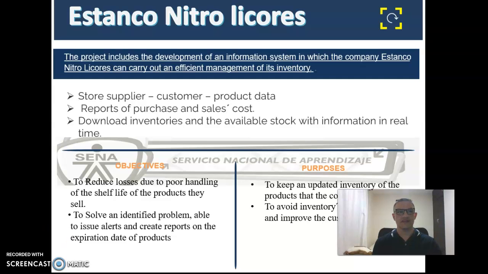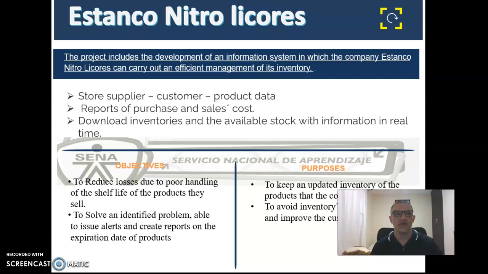The system is going to organize the information about the products in an optimized way. The company receives from the suppliers will be able to generate purchase and sales cost reports, provide inventories, and the availability of information in real time.